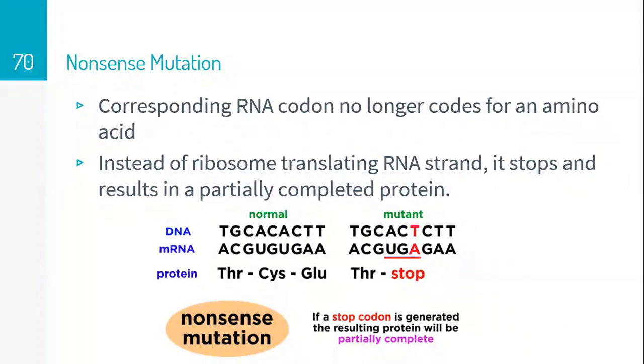So you don't have complete synthesis of that protein in the first place. It's a mutant form because the original protein isn't created. As we see here, you would have 1, 2, 3 different amino acids constituting the protein. Here, it's just one because you encounter the stop codon too early, and that stops the process from occurring.